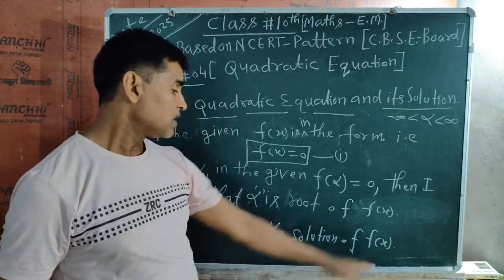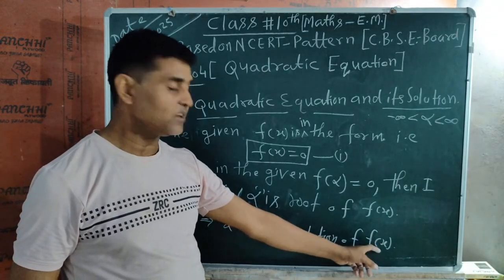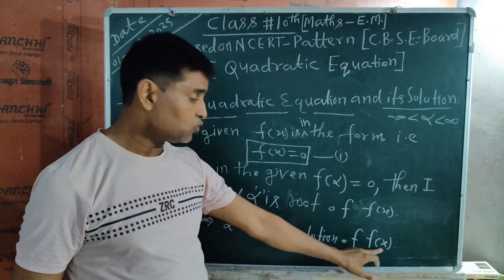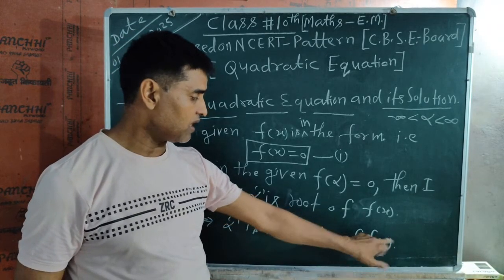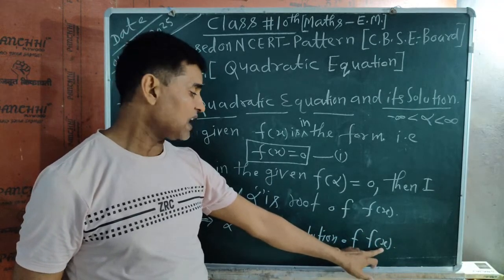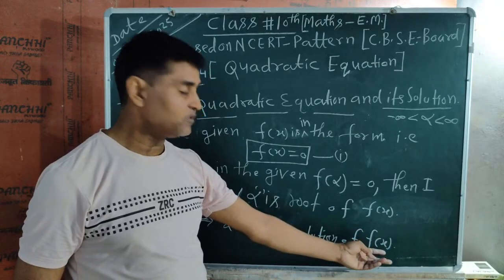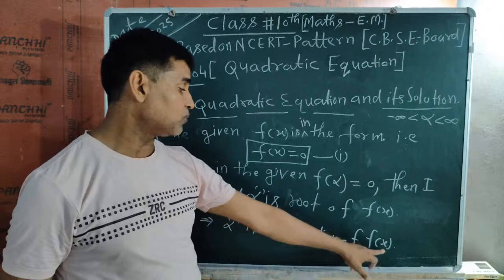Okay student, f of x is also known as a function, but here f of x will have a variable whose maximum power is 2. So that expression will be in the form of a quadratic polynomial.